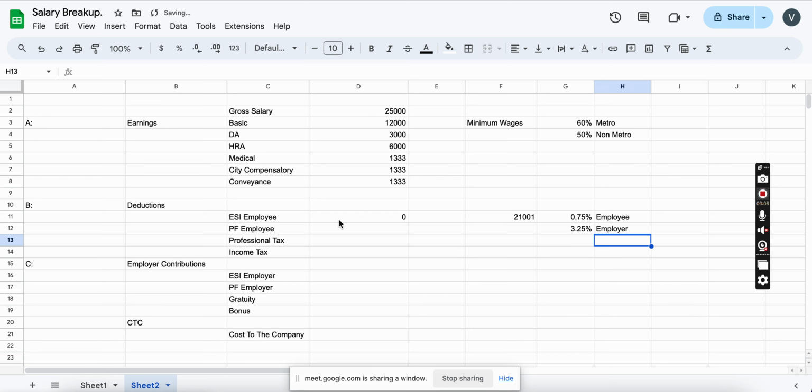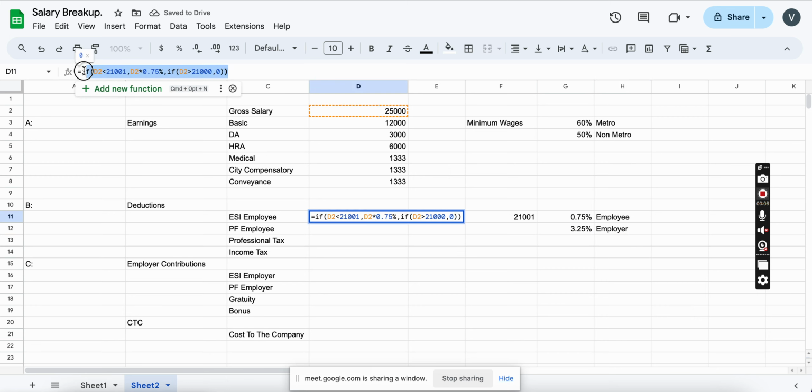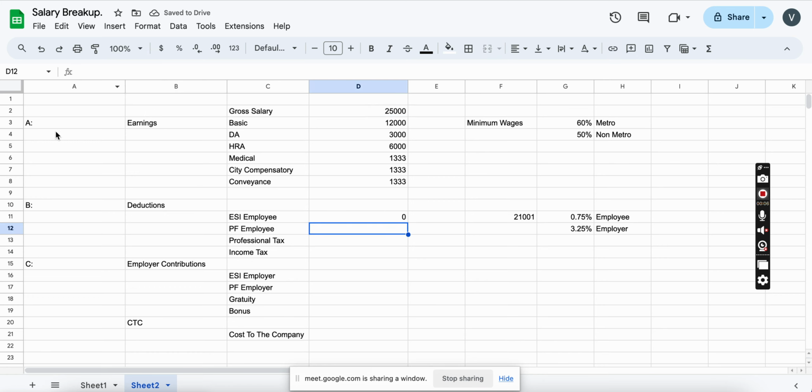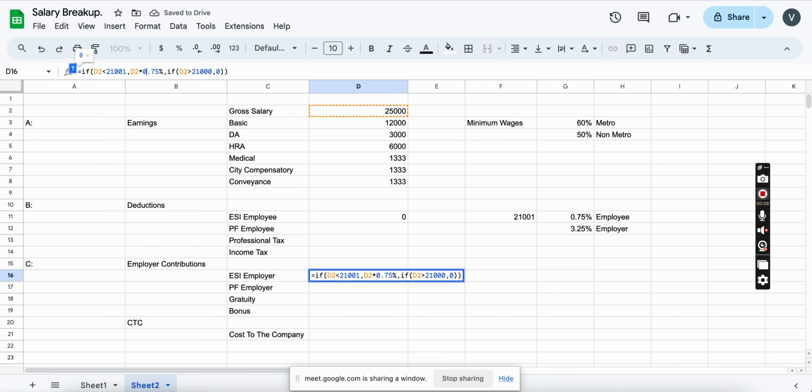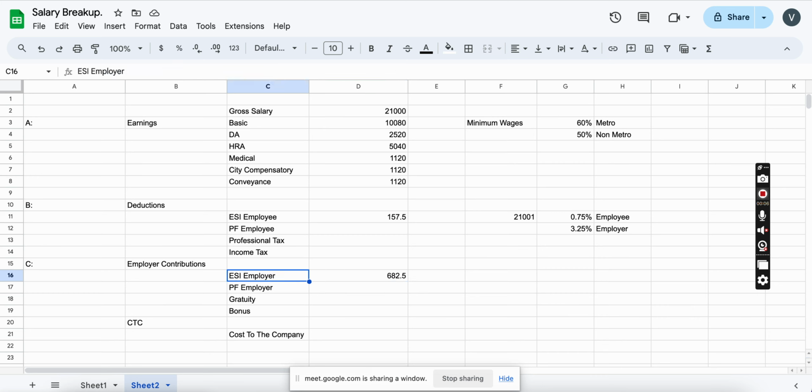So let's calculate immediately for employer also, ESI employer. The only difference is it should be 3.25%. If I make it 21,000 again, see it is 0.75 ESI employee and 682 rupees ESI employer came automatically with that formula.